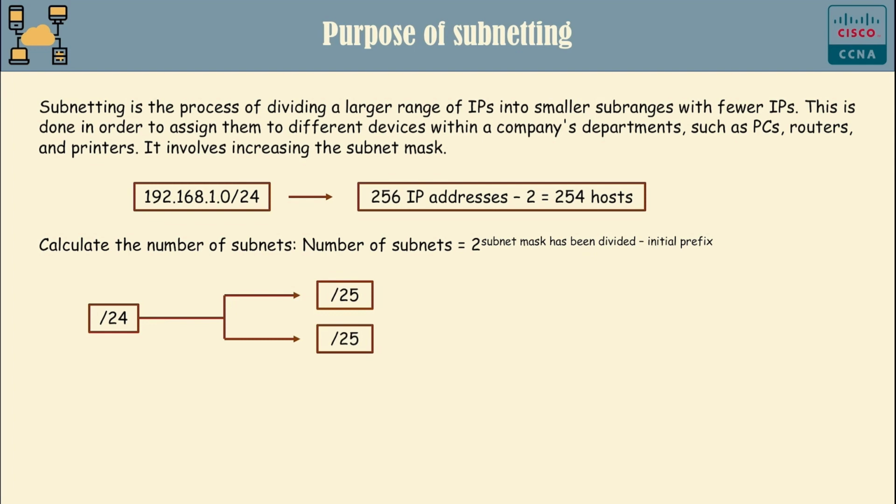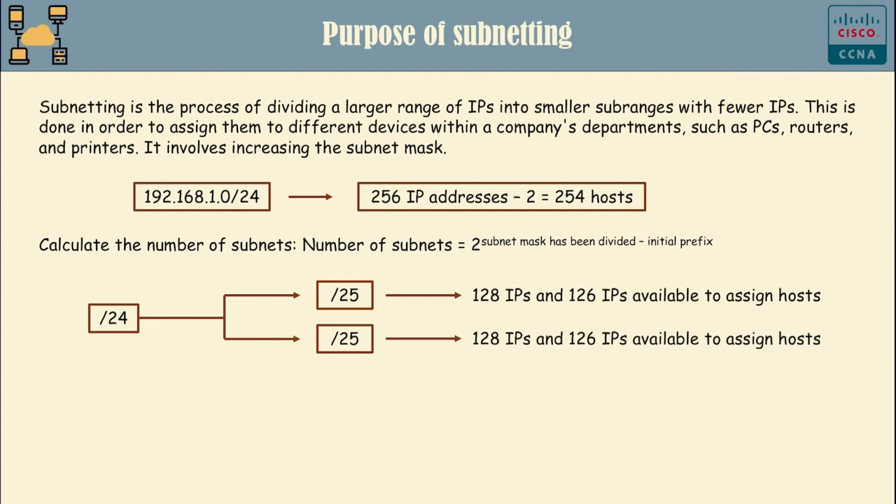So the number of subnets equals 2 raised to the power of 25 minus 24, which simplifies to 2 raised to the power of 1, resulting in 2, so each subnet has 128 IPs and 126 IPs available to assign to hosts.